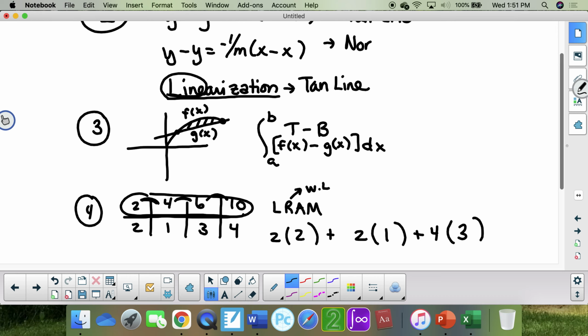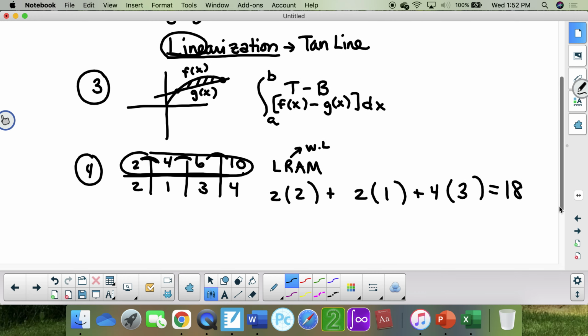So it depends on which way you go. 4 plus 2 is 6, and 6 plus 12 is 18, if you did the left RAM. You could do the right RAM. They might just ask you, but we won't worry about it.